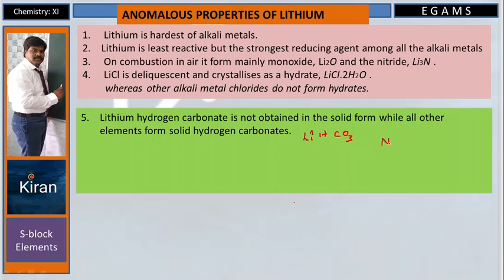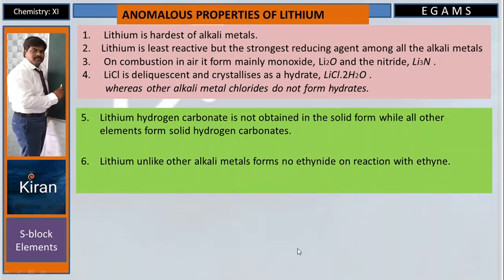Sodium hydrogen carbonate is NaHCO3. This is sodium hydrogen carbonate. It is available in the solid form, as baking powder, but lithium hydrogen carbonate is not available in the solid form, it is available in the aqueous form.